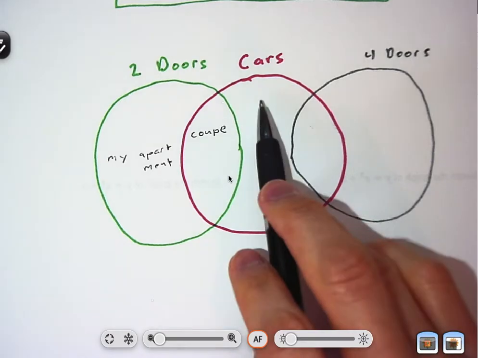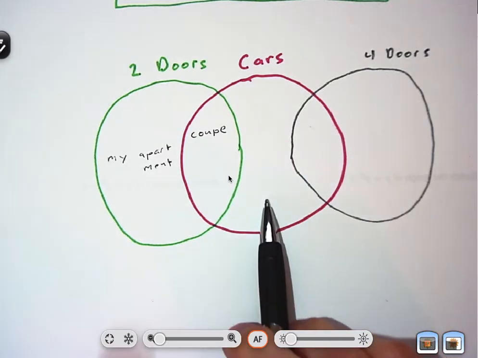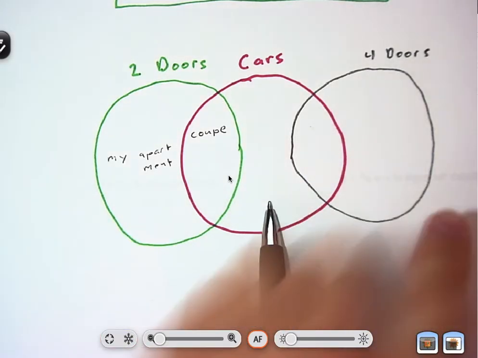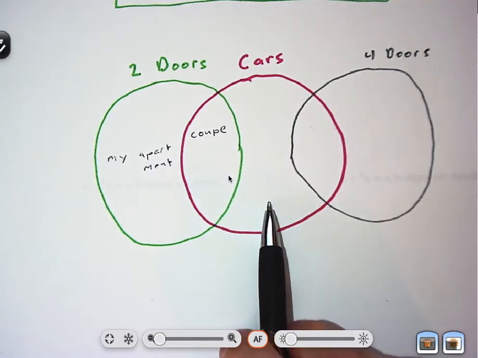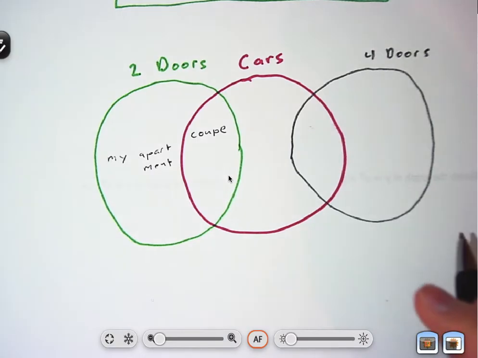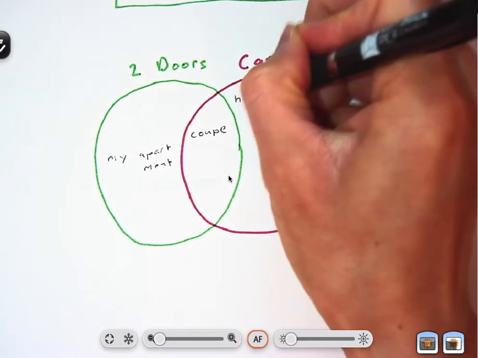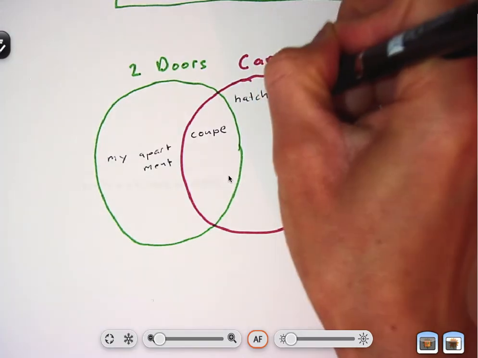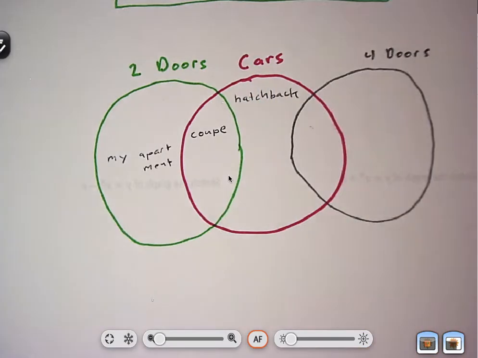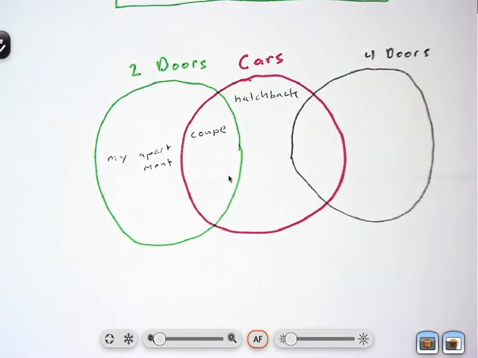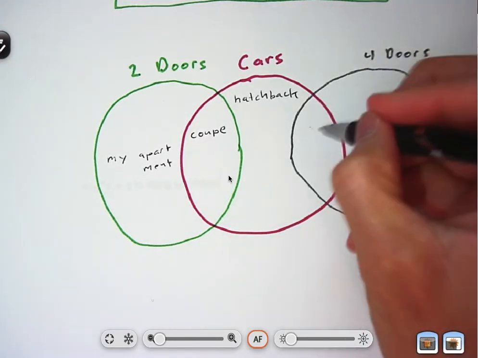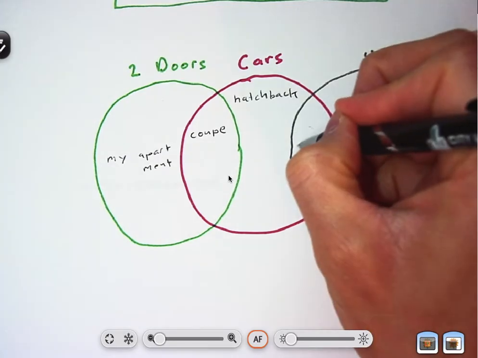Then here, cars that do not have 2 doors and do not have 4 doors, so cars that have some other number of doors. There's this thing called a hatchback, and many times it is considered to have 3 doors. 4-door cars are called sedans.